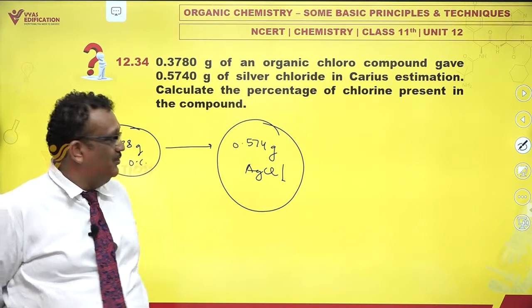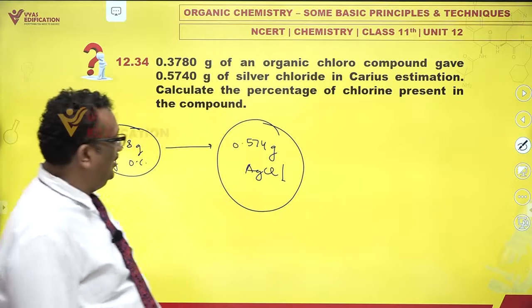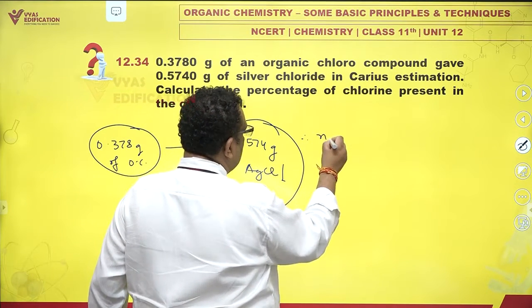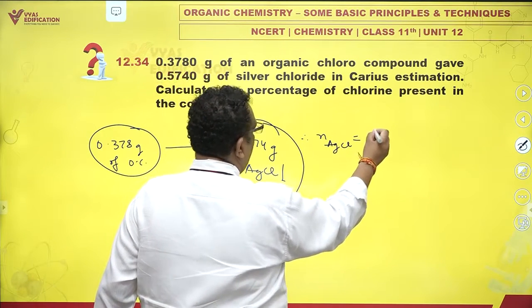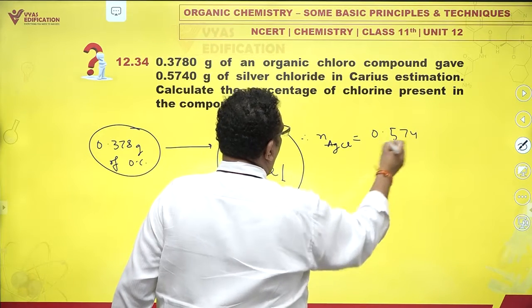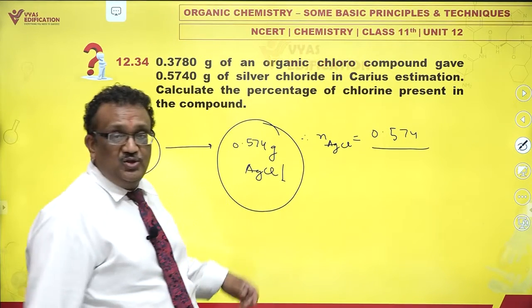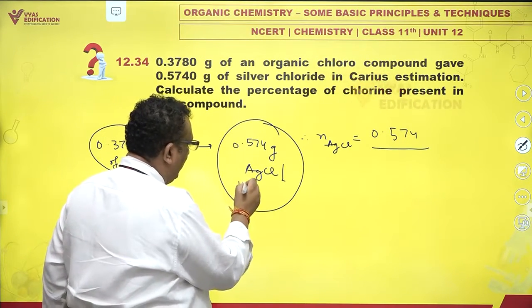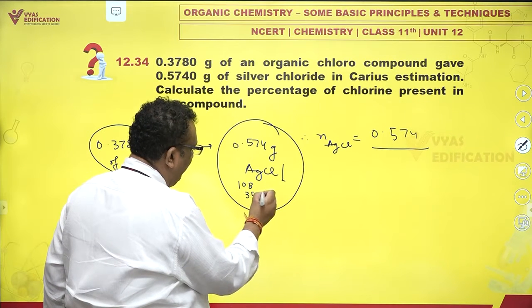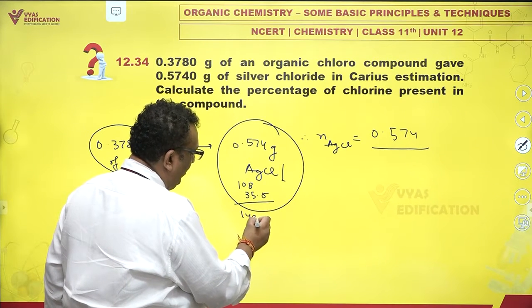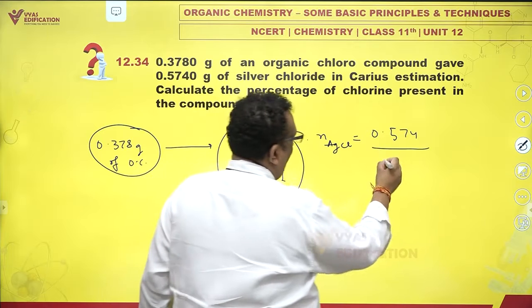Oh my God, that's very simple. You have the mass of AgCl, fine. Therefore, moles of AgCl will be 0.574 upon the molar mass of AgCl. Now, silver is 108, chlorine is 35.5, add up to 143.5.